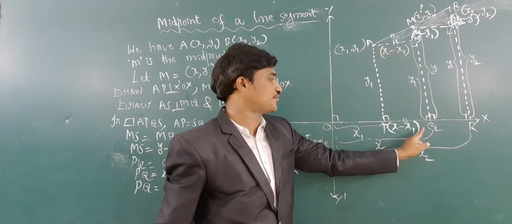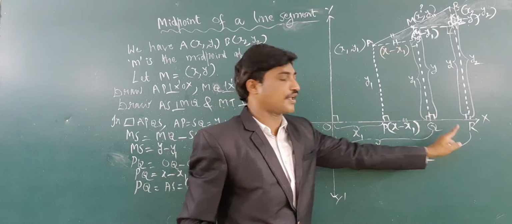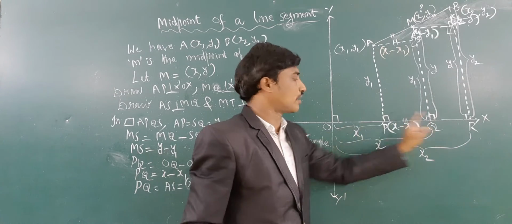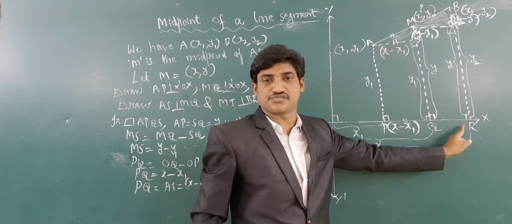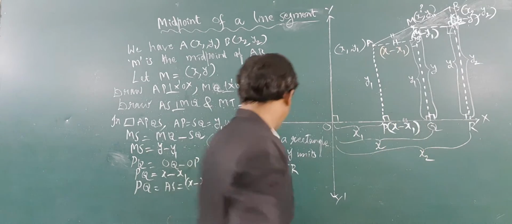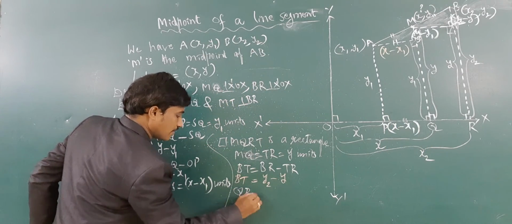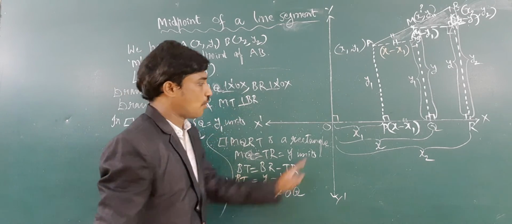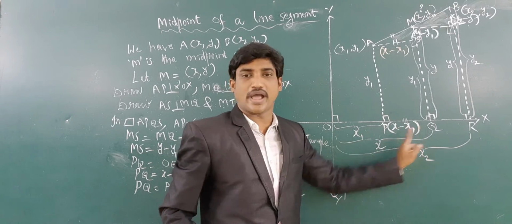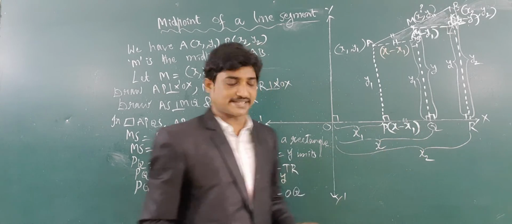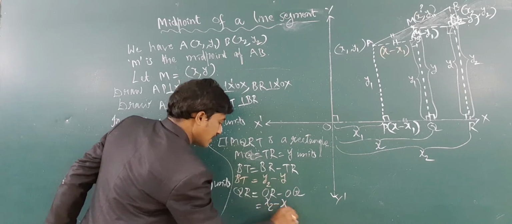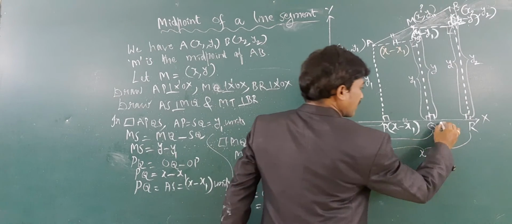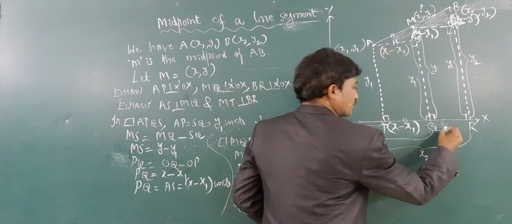As we have OQ is x units and OR is x2 units, it is very clear QR is equal to OR minus OQ, that is x2 minus x units.